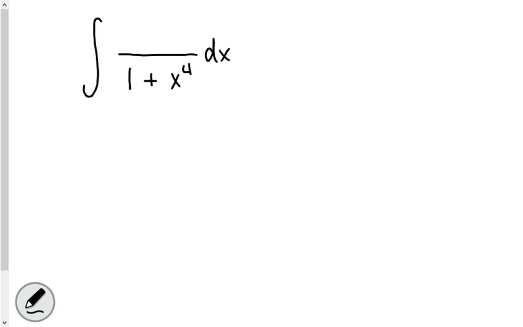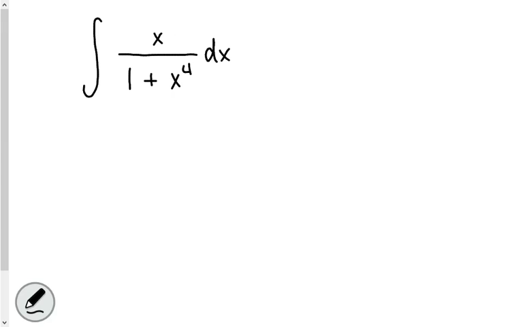Here's an example. If it was x cubed on top, then I would just do u equals 1 plus x to the 4th. I would not do an inverse tangent because du is 4x cubed, and 4x cubed cancels with the top.